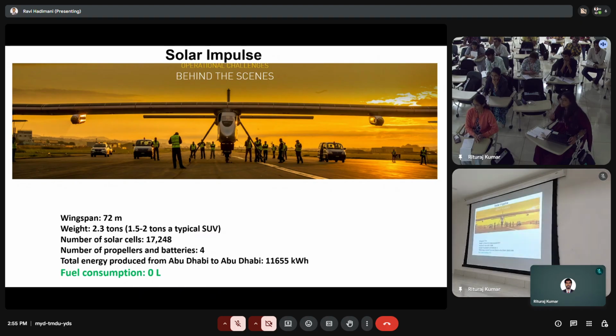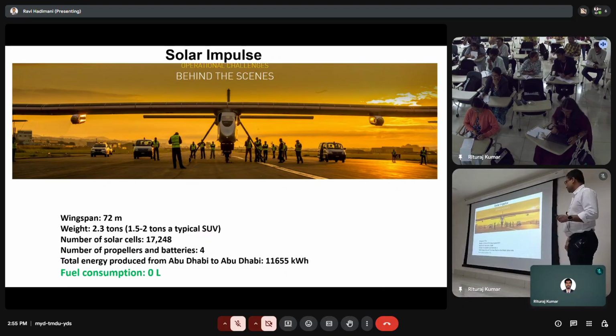Its wingspan is 72 meters, which is huge. And its weight is 2.3 tons, which is not that high, about the weight of a big SUV. The number of solar cells was 17,248. That doesn't mean anything; if they gave the wattage, it would make sense. The number of propellers and batteries is 4.